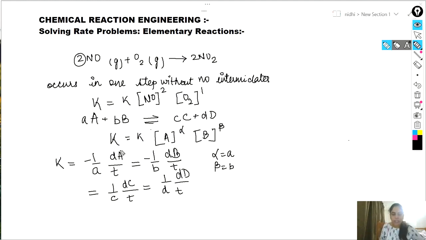We could also express that as being equal to K times the reactants: K times A to the a and B to the b.